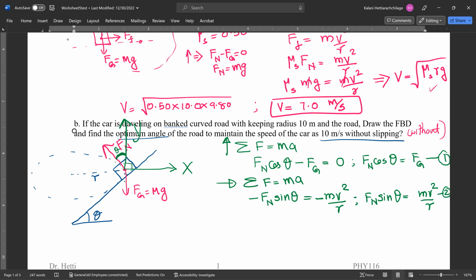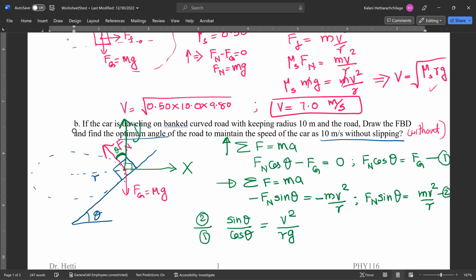So now 1 and 2 is there. I just need to find theta, right? So an easy way to do it, I'm going to divide 2 by 1. That is your choice. You can do whatever way you need, but I need to find the theta value, right? So now if I do that, I have sine of theta divided by cosine of theta. Fn will cancel out. That will be equal to v square over r and g.